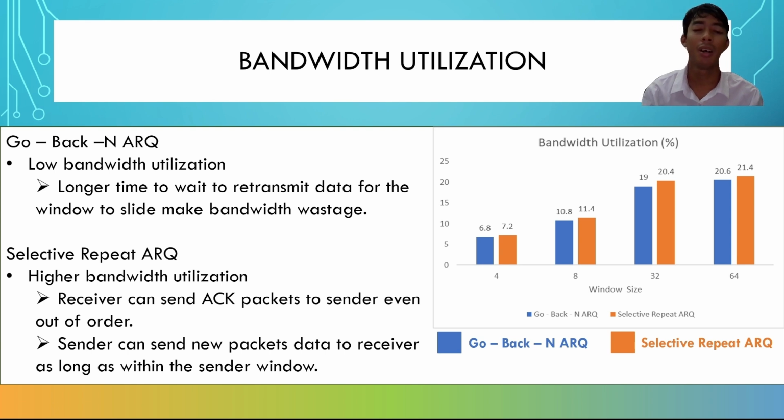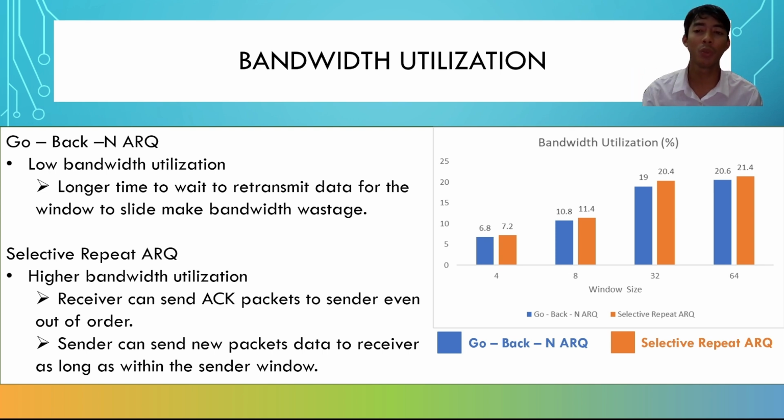I mean, if the window size is small, a small group of packets will arrive from sender to receiver, and in each small group there will be errors.